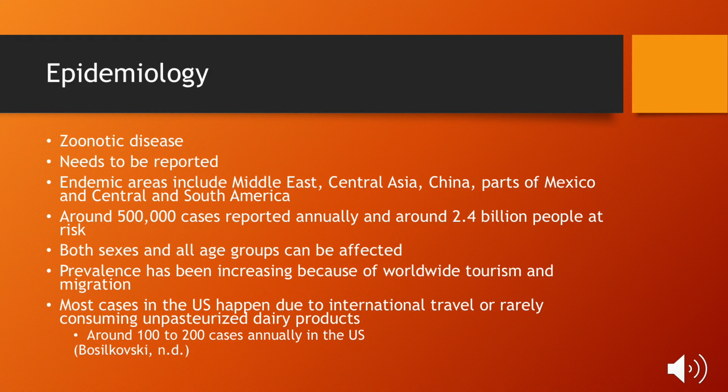The prevalence has been increasing because of worldwide tourism and migration. And then most cases in the US happen due to international travel or rarely consuming unpasteurized dairy products, which are normally imported from neighboring countries like Mexico, and around 100 to 200 cases annually are reported in the US.